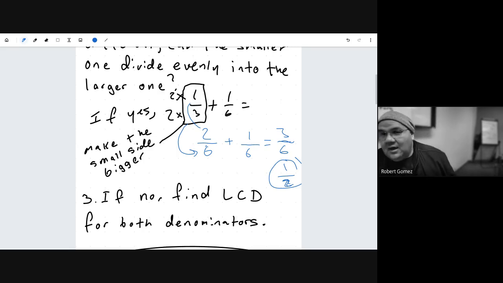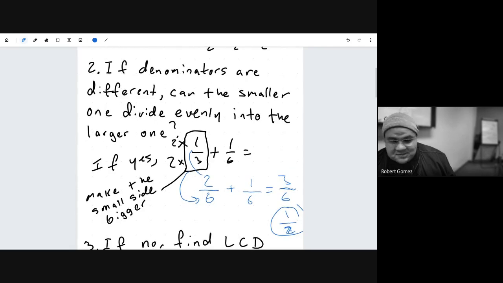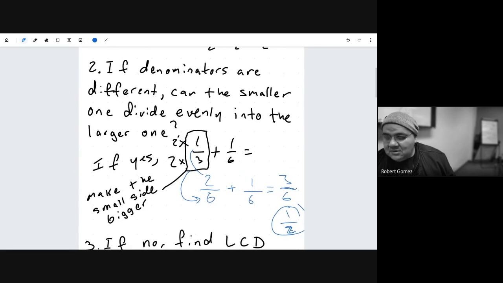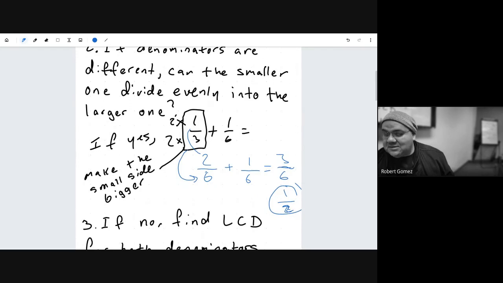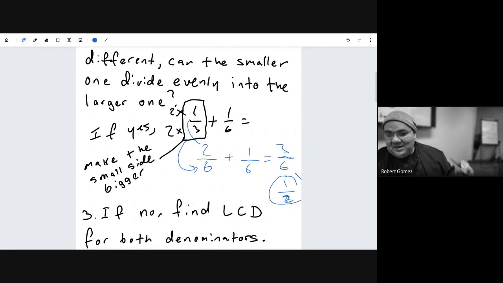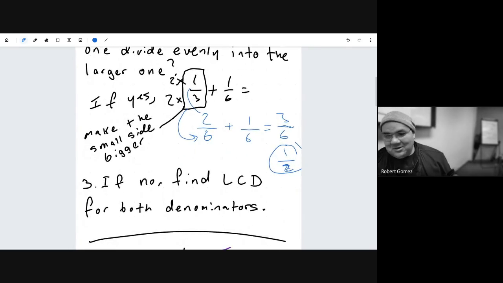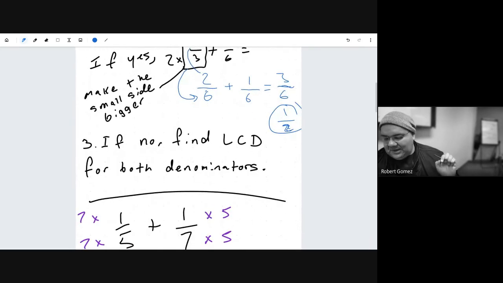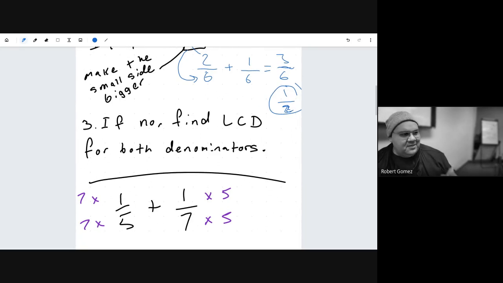Now, however, we ask ourselves, if the denominators are different, can the smaller denominator divide evenly into the larger one? If yes, that's fine. We just do what we did. However, if the answer is no, now we go into hard mode. This is the part that just makes people run for the hills. But it's not that bad.